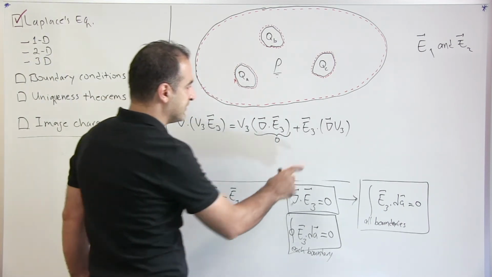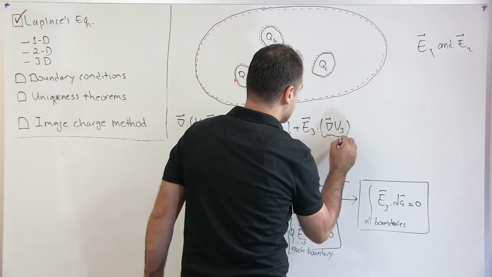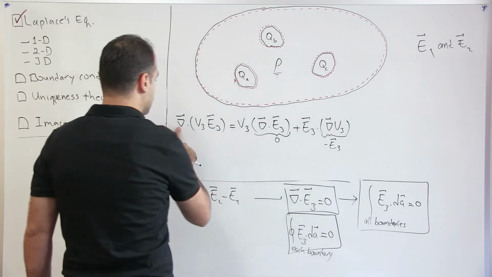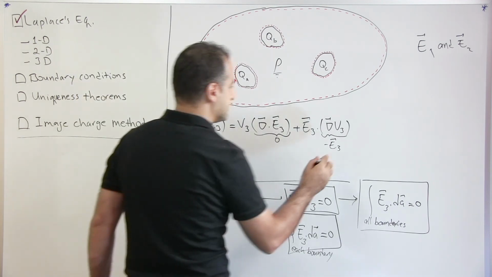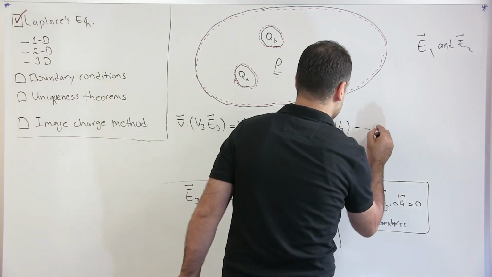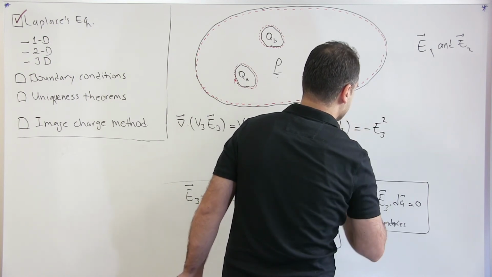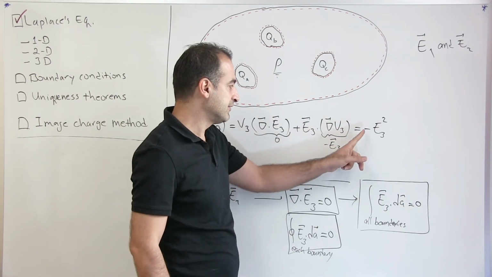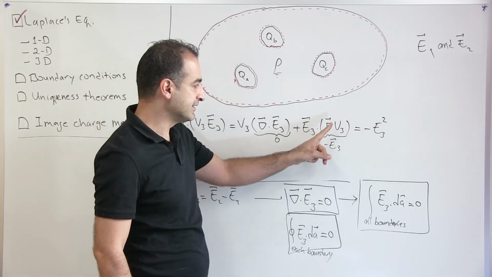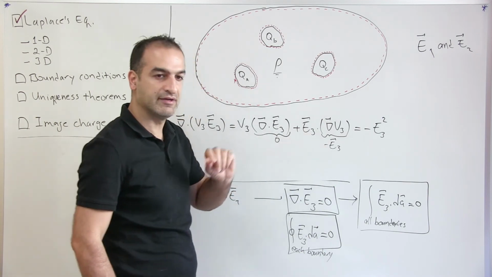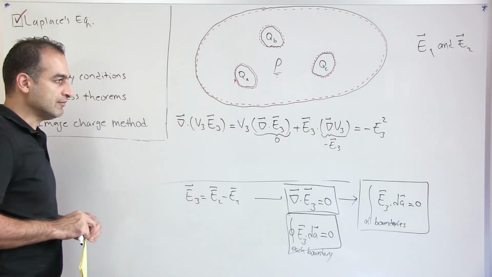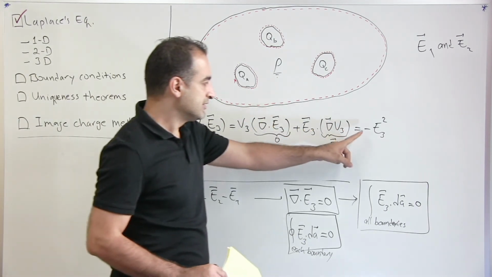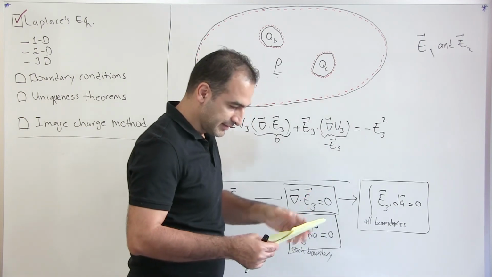In the second term, we have the gradient of V3, and that is equal to the negative of E3. So the divergence of V3 times E3 is in fact equal to negative E3 squared. This is the magnitude of E3 to the power of 2, and the negative sign comes from the fact that the gradient of V3 is equal to negative of E3. So this divergence is equal to negative of E3 squared.